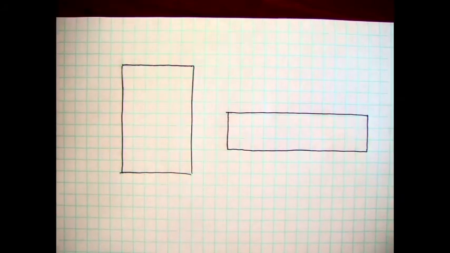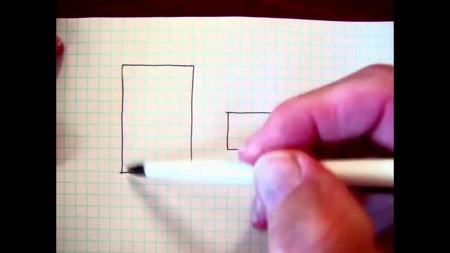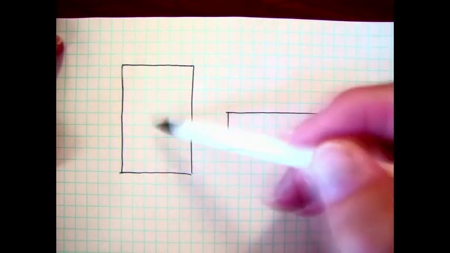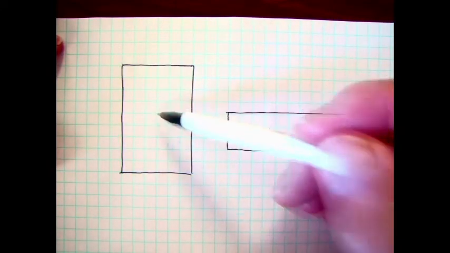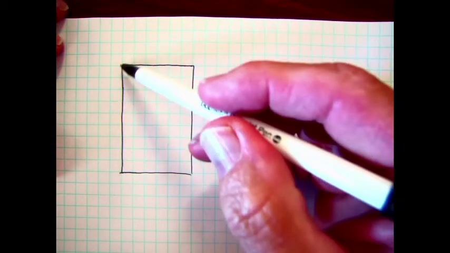And remember, we're going from concrete to abstract. So now I'm just putting random rectangles on here. I'm going to count the squares, or the sides of the squares, because remember, we don't have to count how many squares there are in the middle as long as we know our multiplication tables very well.